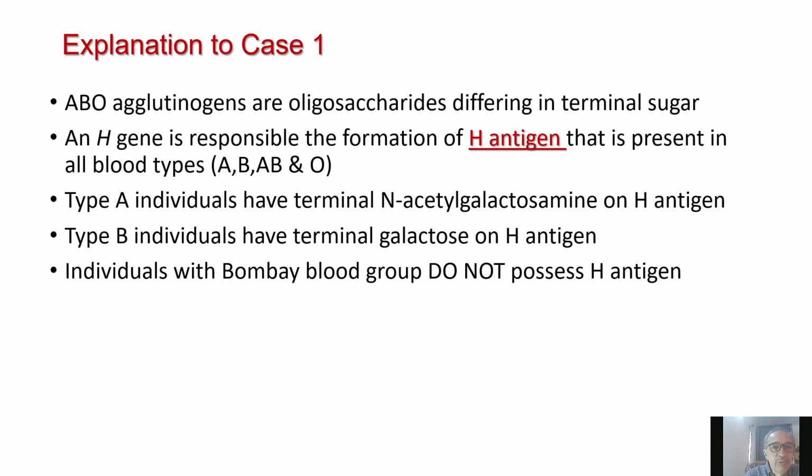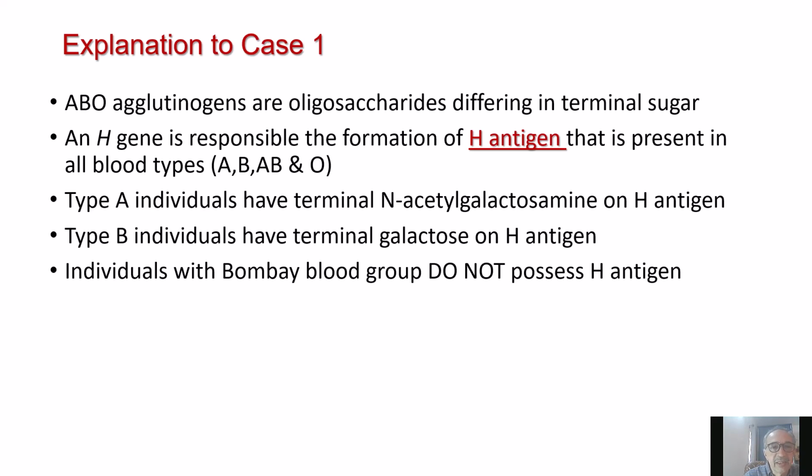The genetic makeup of type A individuals has genes which add a terminal sugar by activating an enzyme on the H antigen. On the H antigen, another sugar is added, that is N-acetyl galactosamine.